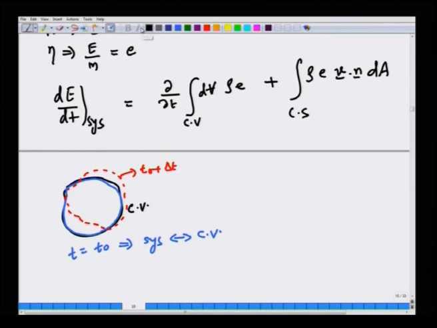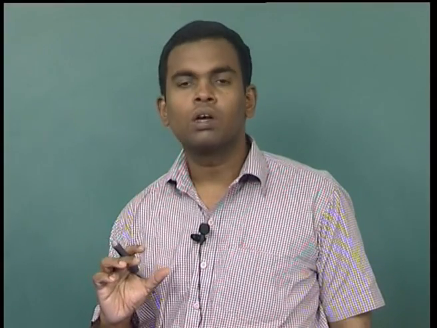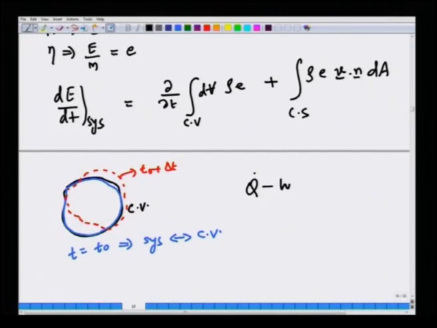We are now looking at the instantaneous rate of change of energy of the system when the system and the control volume are the same, at some time t naught.